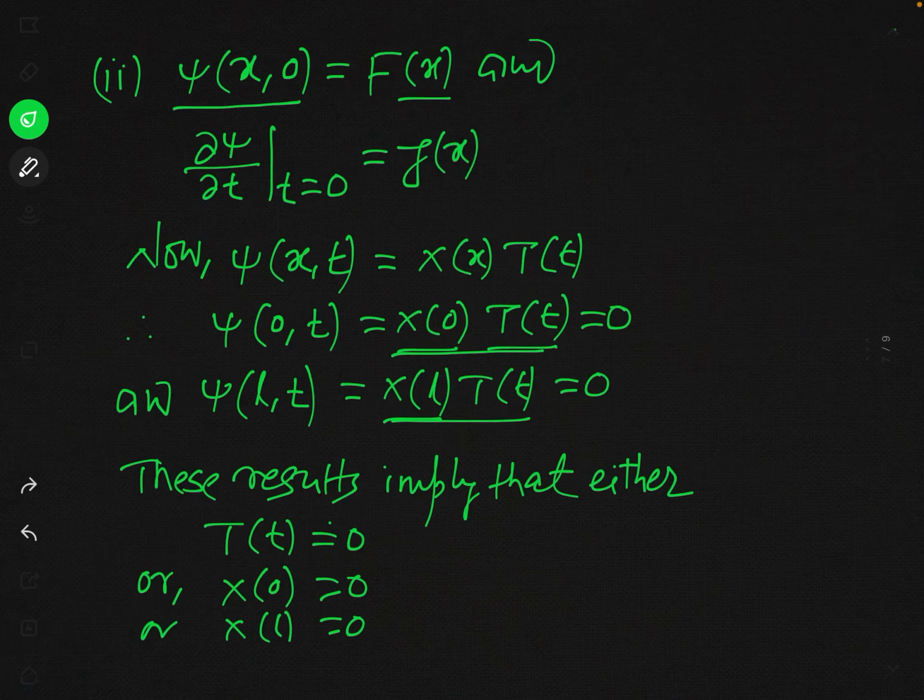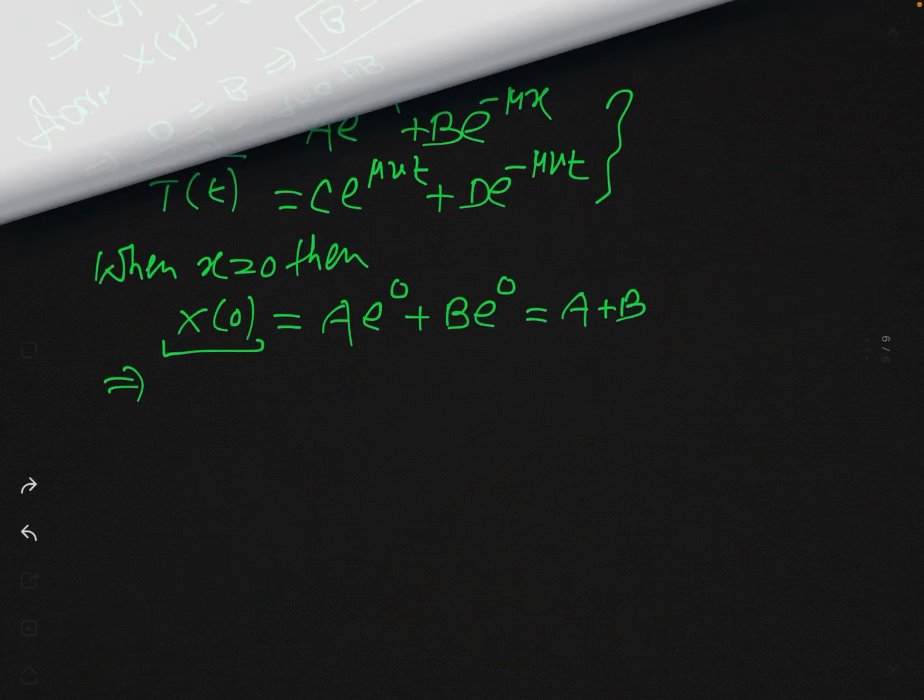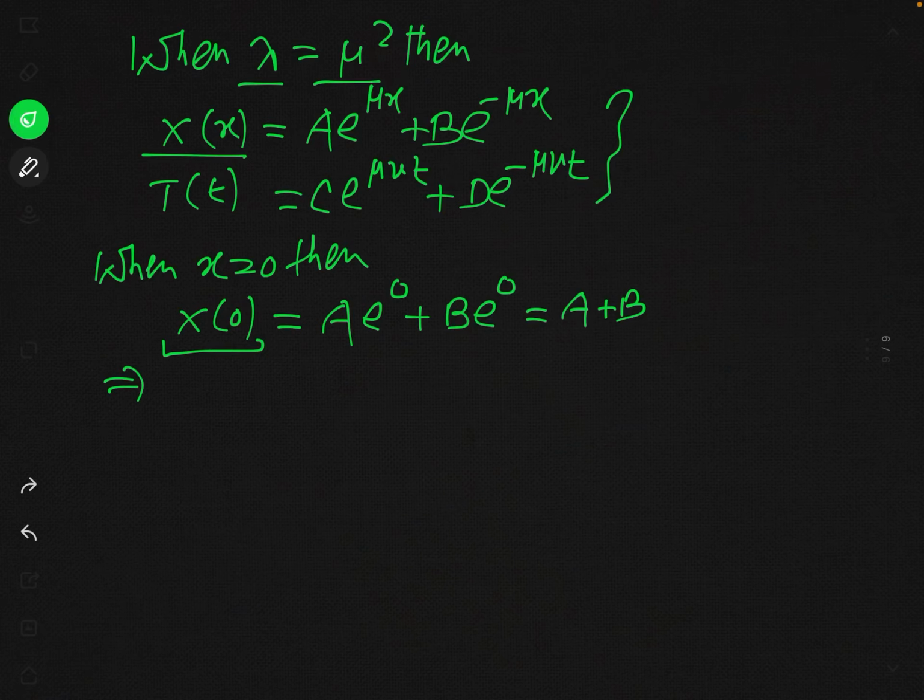So let us put X of 0 equal to 0, and so we will have A plus B equal to 0.